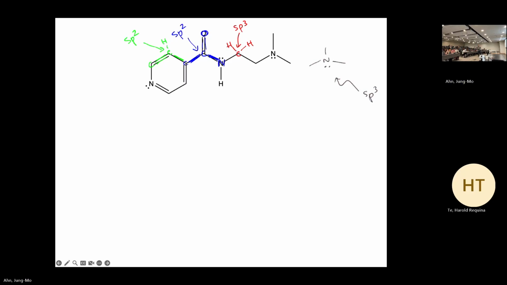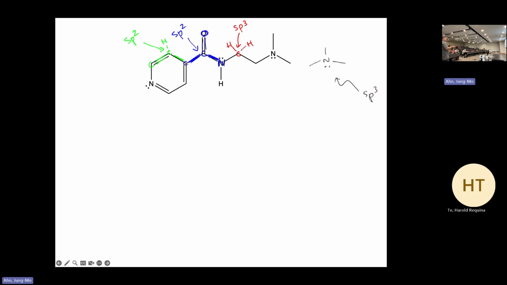It has two lone pairs, one here, one there. So if you consider the lone pairs, and then one bond with the carbon, this oxygen should have three slots, two for the lone pairs, one for the carbon. So it has to be an sp2 hybridized oxygen. Right? That's simple. You can figure it out easily.